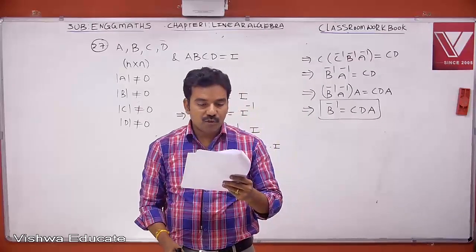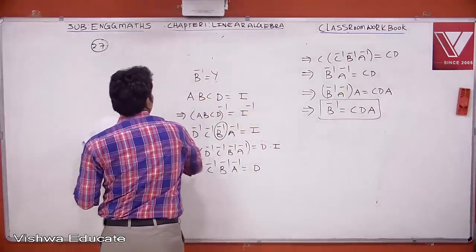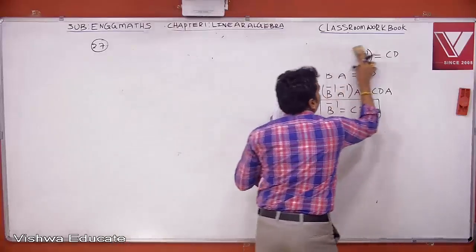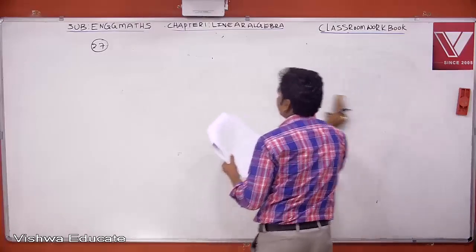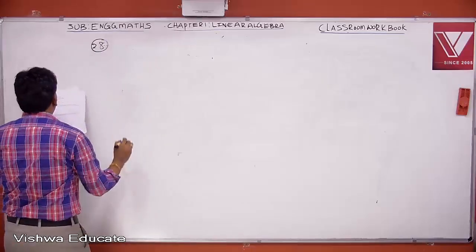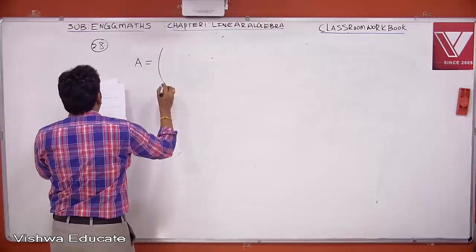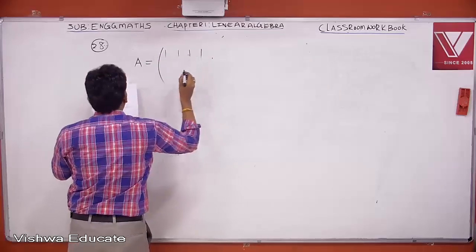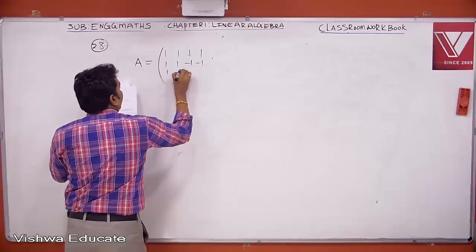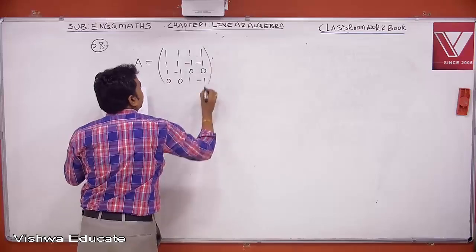Next we discuss question number 28. Given an orthogonal matrix A equal to 1 1 1 1, 1 1 minus 1 minus 1, 1 minus 1 0 0, 0 0 1 minus 1.